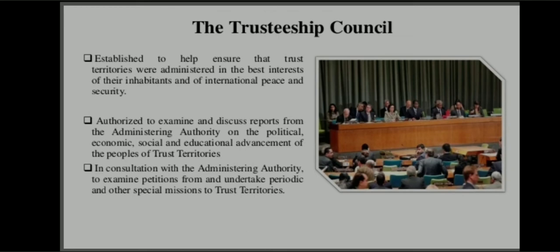The Trusteeship Council is no longer functional because all the countries have now become independent and have joined the UN. The last one was Palau, which became independent in 1994. That's why the Trusteeship Council is no longer functional now.